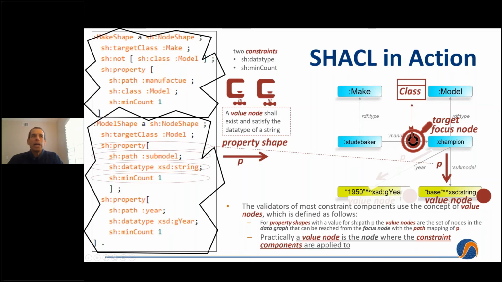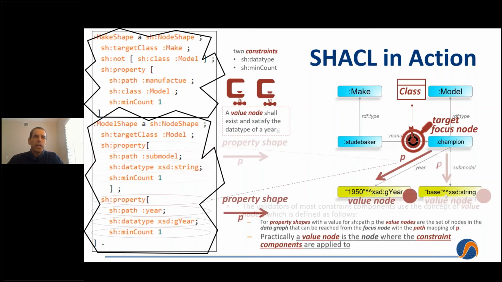And we apply, again, the constraint components on the value node. Two constraint components: one is the minimum cardinality, minimum count is 1, and the data type is string. The data type is string, which translates to: the value node, which is base, shall exist and satisfy the type string. So it satisfied the type string.